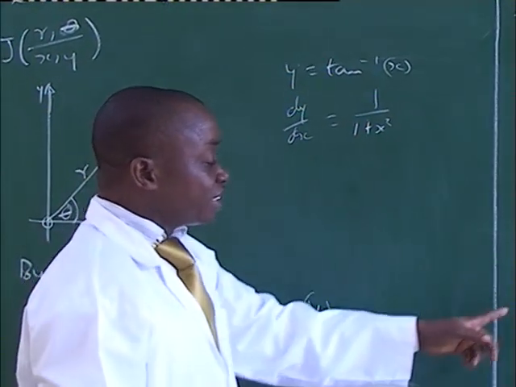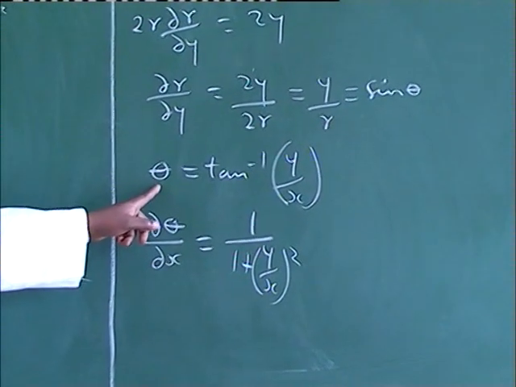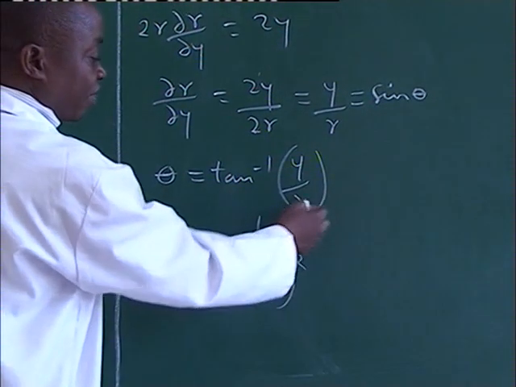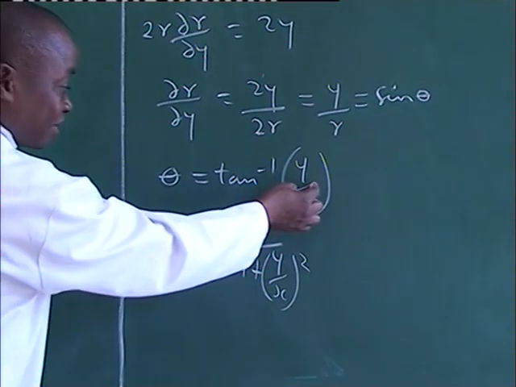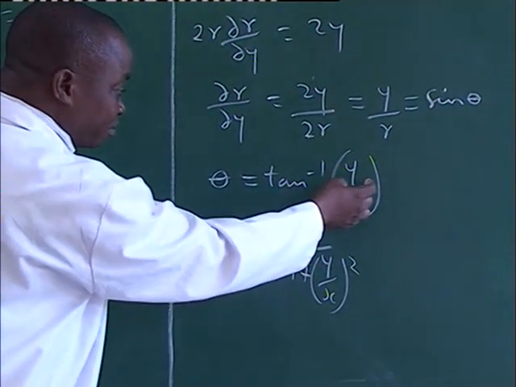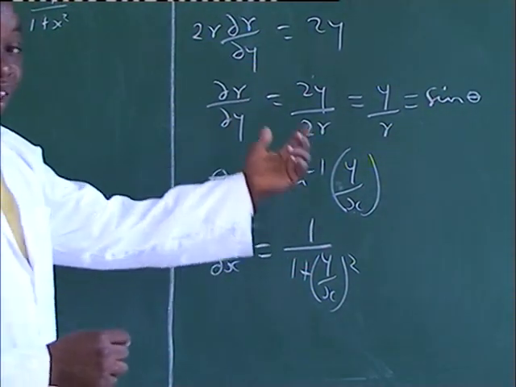So now that I'm differentiating theta, I have theta equal to tan inverse of y over x. Look at this place as x, or any variable, maybe u. So theta is equal to tan inverse of u.